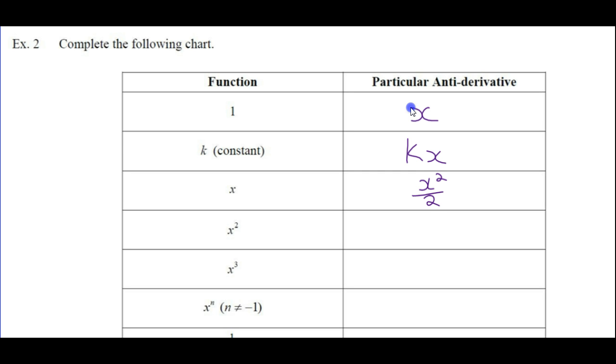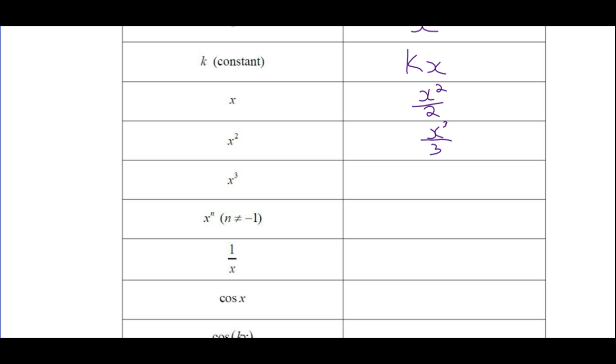How am I going to get an x squared? X cubed divided by 3. How am I getting an x cubed? So, how am I going to get an x to the n, as long as n is not negative 1? X to the n plus 1, over n plus 1. Think of that as the anti-power rule.